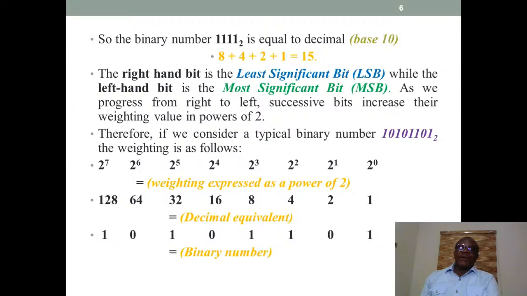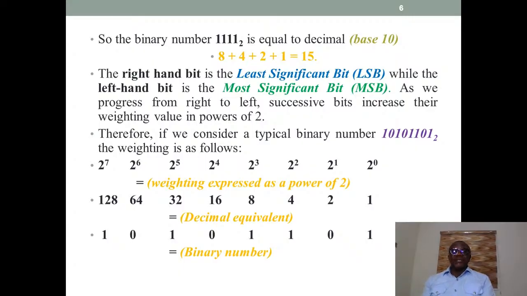So the binary number 1111 in base 2 is equal to decimal 15 in base 10, because the first one, to the right, called the least significant bit, is equal to 1 times 2 raised to power 0, which is 1.